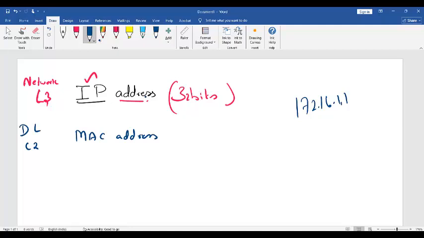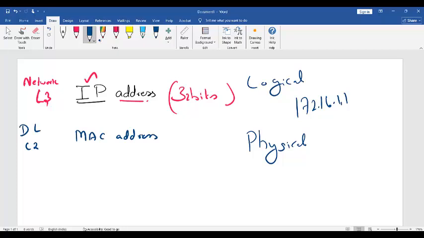So the layer 3 address, we call it a logical address. Layer 2 address, we call it a physical address. Because this never changes.